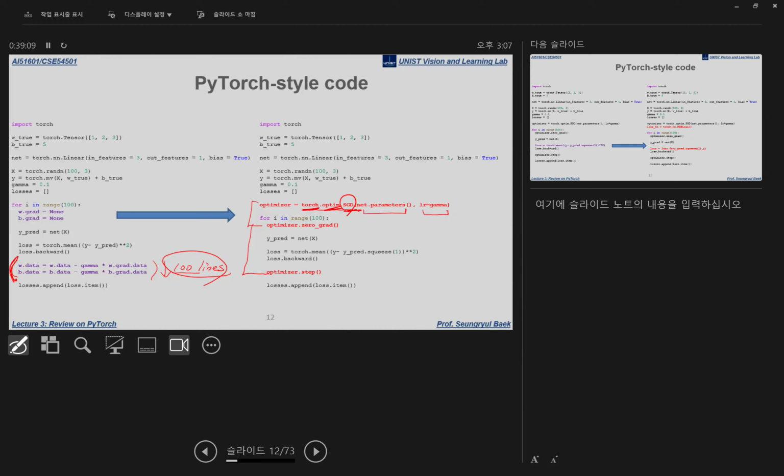One is net.parameters. This means net is the network we are using, right? And if you access this .parameters, it returns the parameter vector. And also this gamma is the value we defined here, which is the small scalar value.